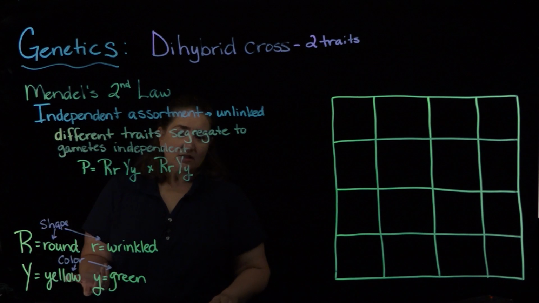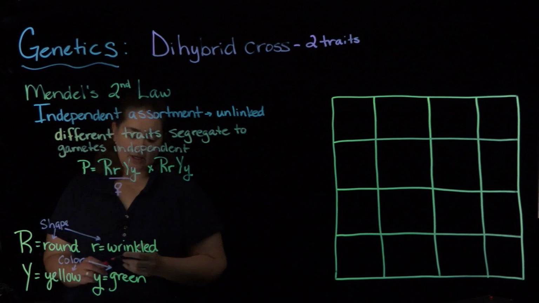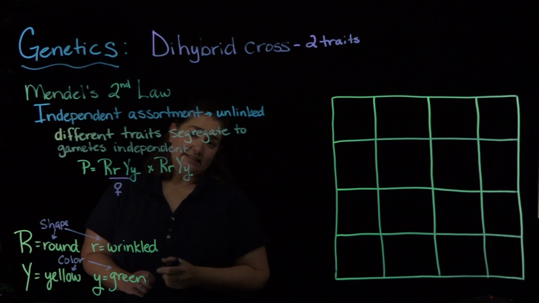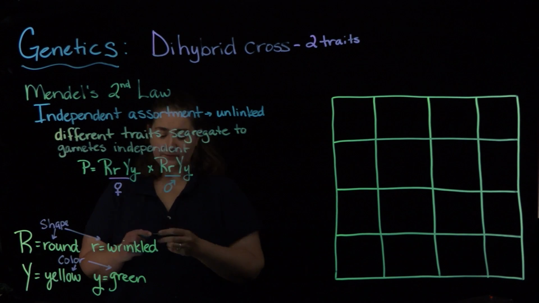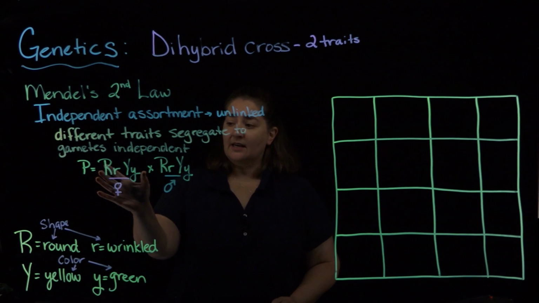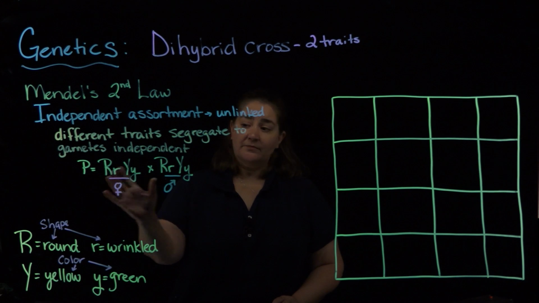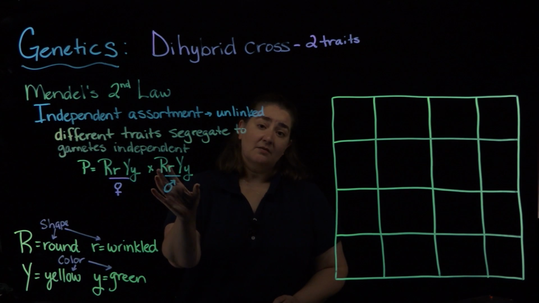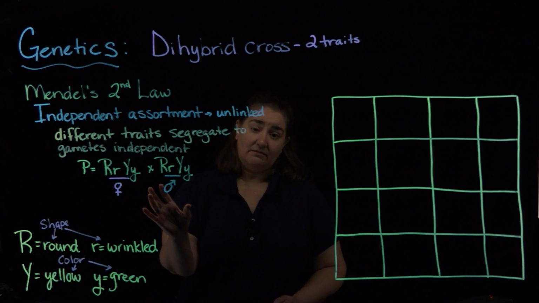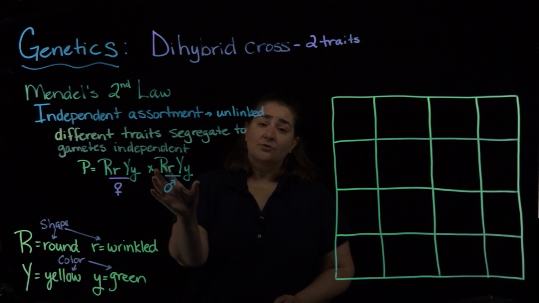That's also one of the things with nomenclature in genetics: it's always ladies first. Whenever you see a cross set up like that, crossing a heterozygous with a heterozygous, the first one is typically the female and the second one is the male's gametes. In this case, they're both the same. They aren't always going to be, and you're going to see some different ratios come out when you change the genotype.